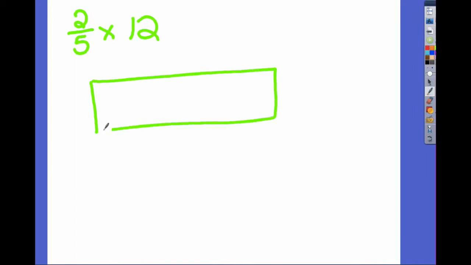On H, it says 2/5 times 12. I'm going to draw my tape diagram. Number 10, what's going to go on top?